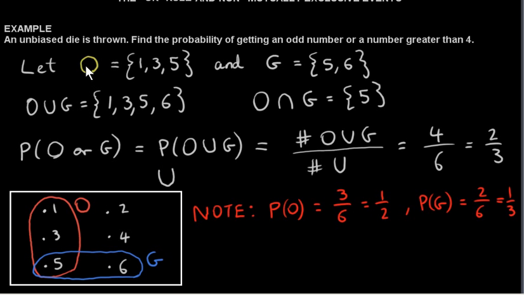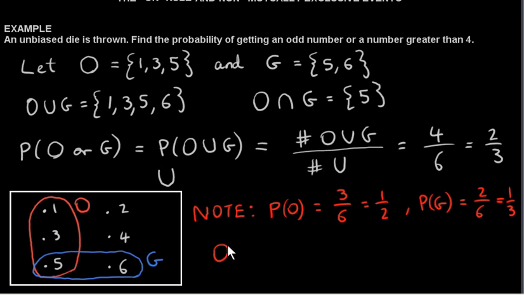Let's look at the probabilities of events O and G separately. The probability of event O is the number of elements in O, which is 3, divided by the number of elements in the universal set, which is 6. So we get a half. The probability of event G is the number of elements in G, which is 2, divided by the number of elements in U, which is 6. That gives us 1/3.